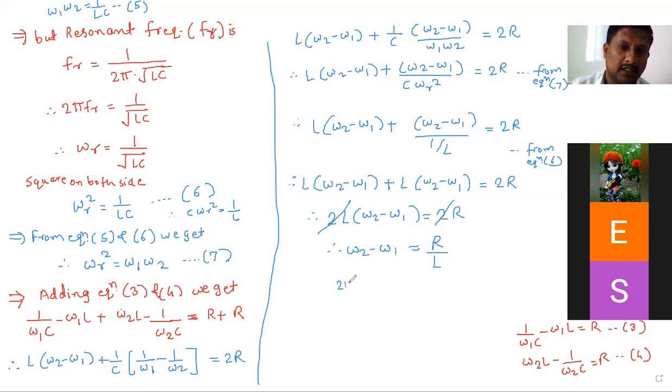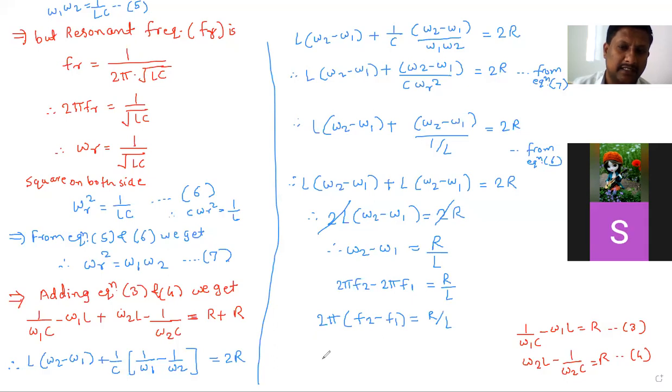What is omega 2? Omega 2 means 2 pi f2 minus 2 pi f1 is equal to R by L. So if you take 2 pi common, 2 pi into f2 minus f1 is equal to R by L. So 2 pi you can take to the left hand side, then f2 minus f1 becomes equal to R by 2 pi L. So what is f2 minus f1?